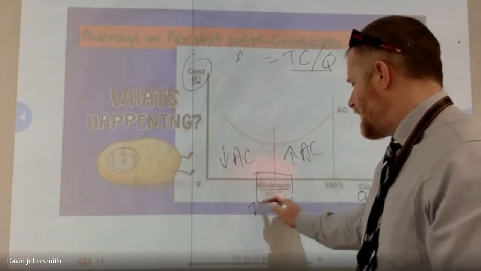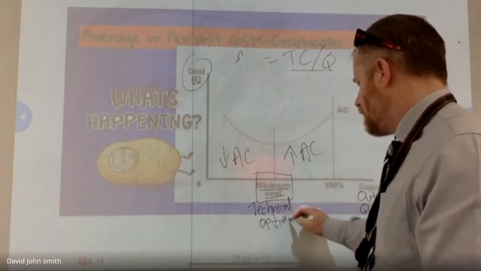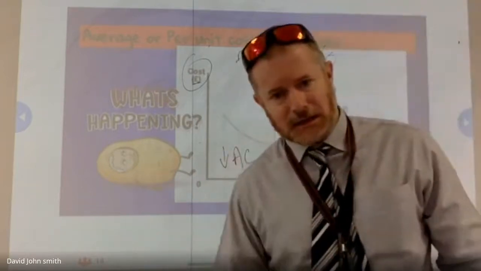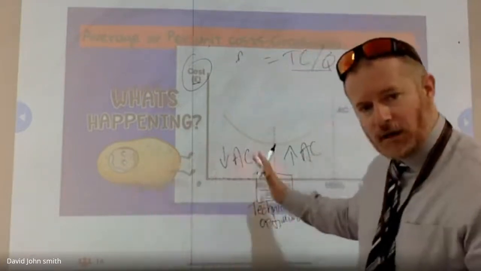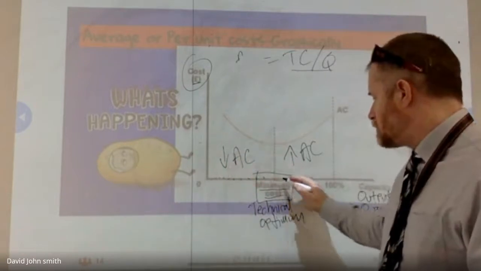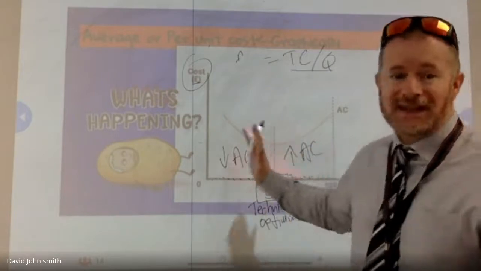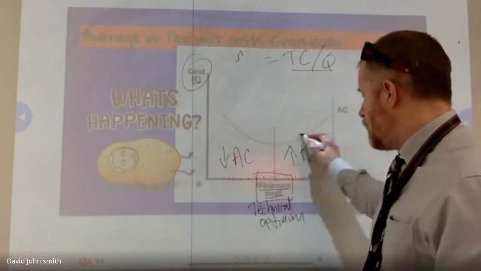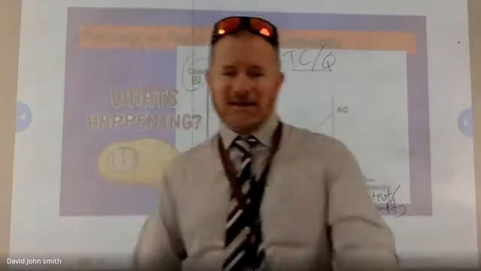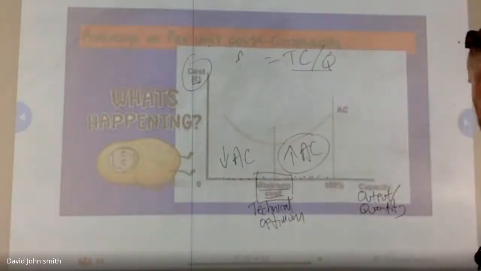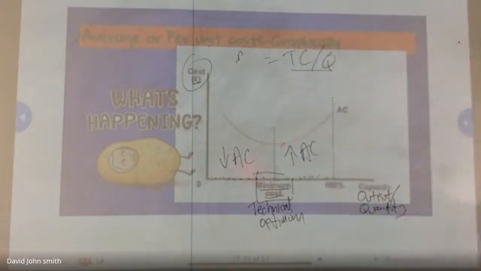So for a business, that is your technical optimum. What that means is that that's the best place for you to be, because up until here, you're producing. You can do better by producing more. Up until here, when we go past that point, we could actually do better by producing less, because our costs are rising here. Yeah? Now, there is an economic concept to understand here, and it's, yeah, all right, it's not necessarily always an easy one to get to, but we will get to it.